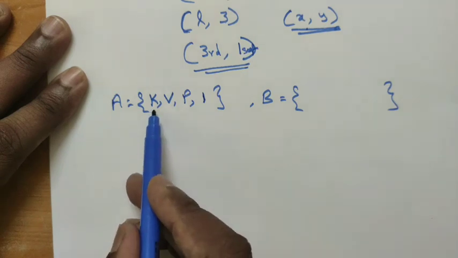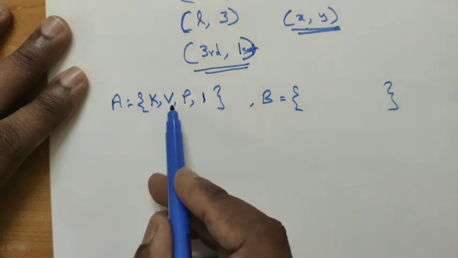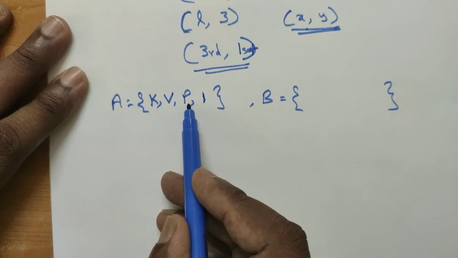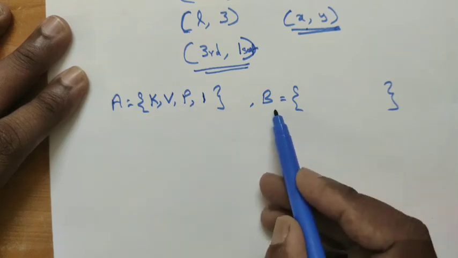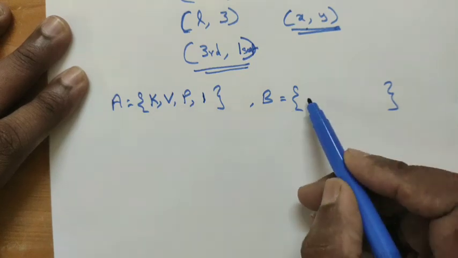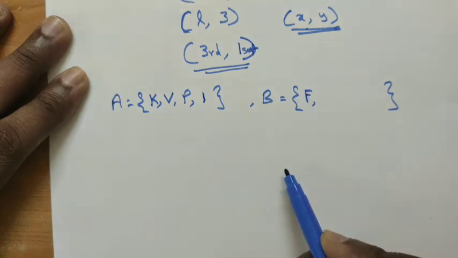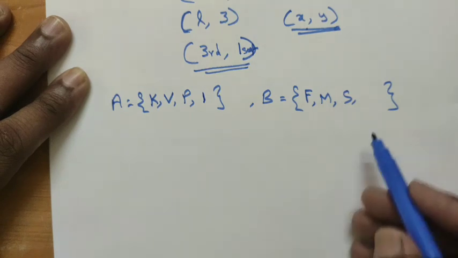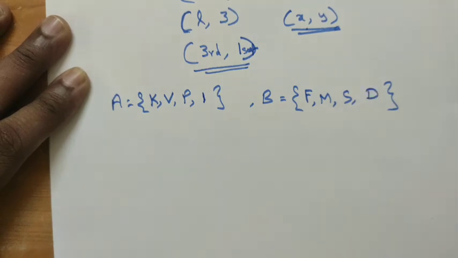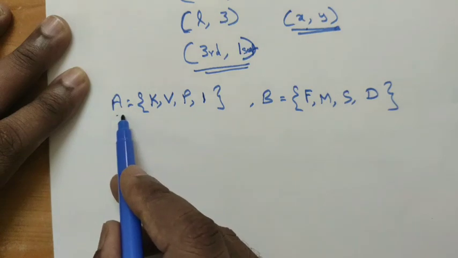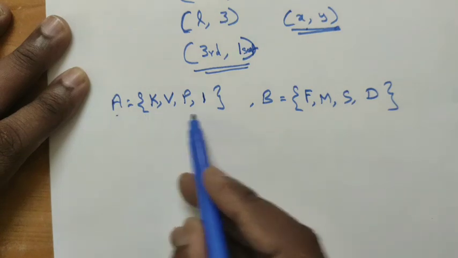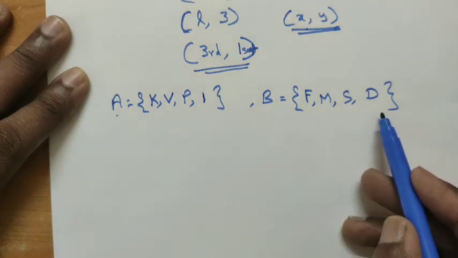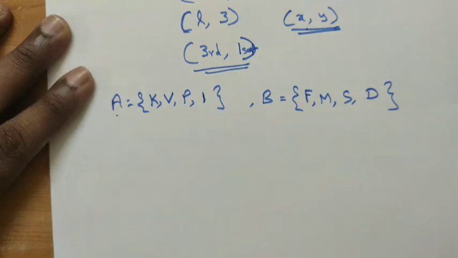Let me take the first one as kesari, second vada, third pongal, and then idli. Now set B is father, mother, son, and a daughter, or only one son, whatever it may be. So set A contains the food items, set B contains the family.